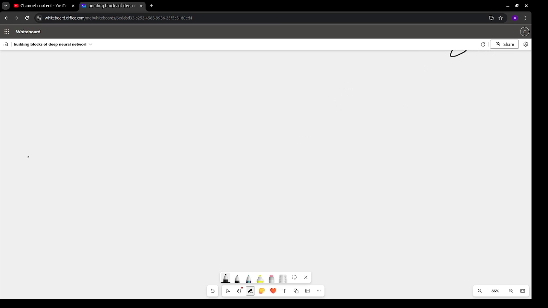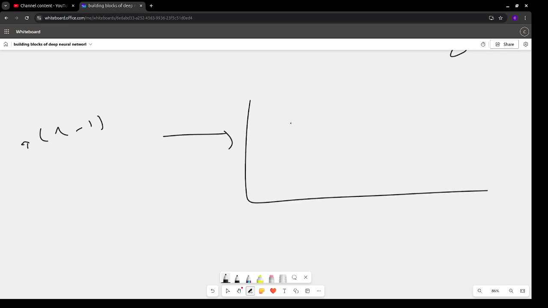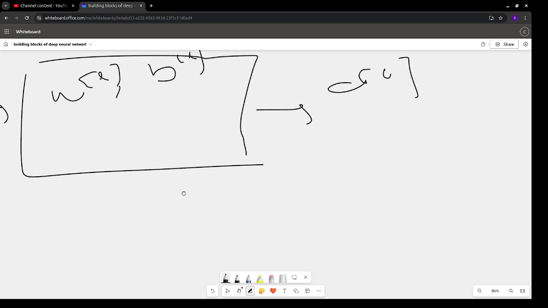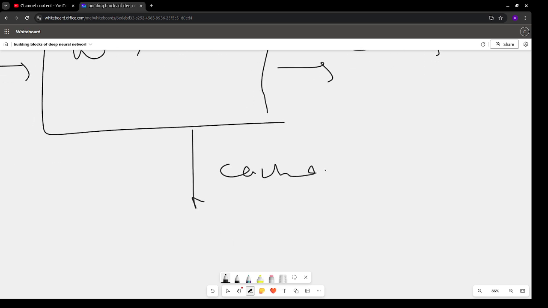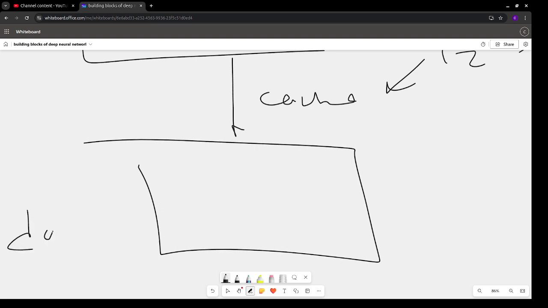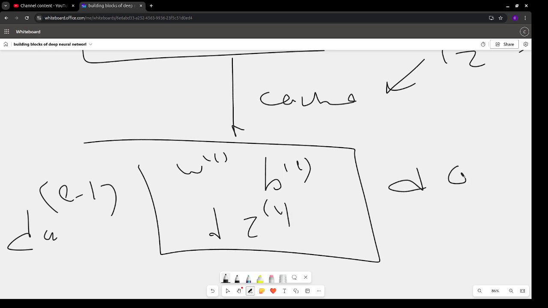So A L minus 1 will be WL, BL, then we are going to have AL, then we are going to have the cache here, ZL, then dA L minus 1, WL, BL, dZL, and this is dAL.